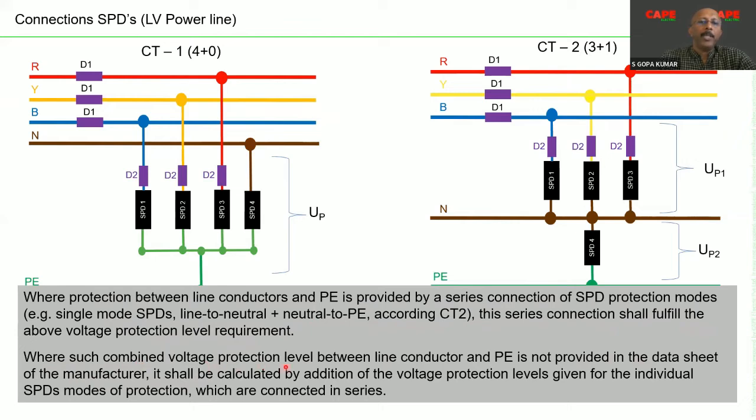Where such combined voltage protection level between line conductors and PE is not provided in the data sheet of the manufacturer, it shall be calculated by addition of the voltage protection levels given for the individual SPDs.